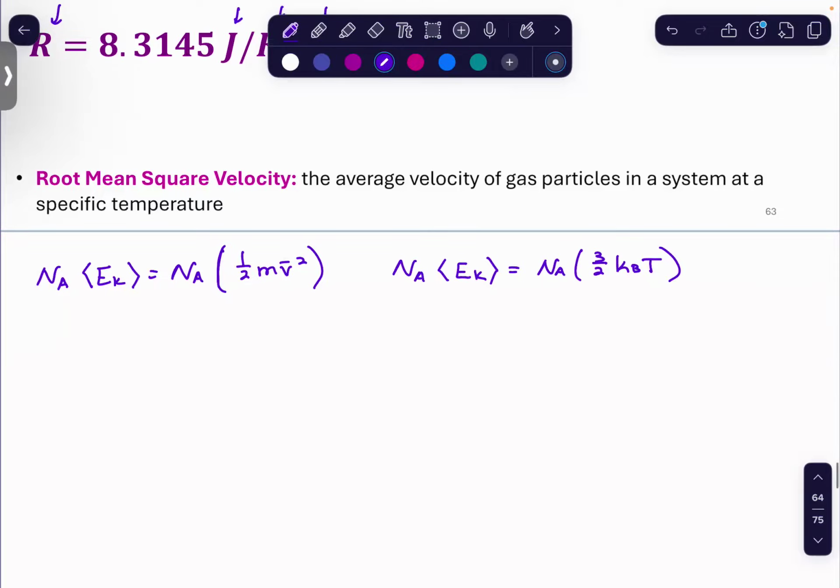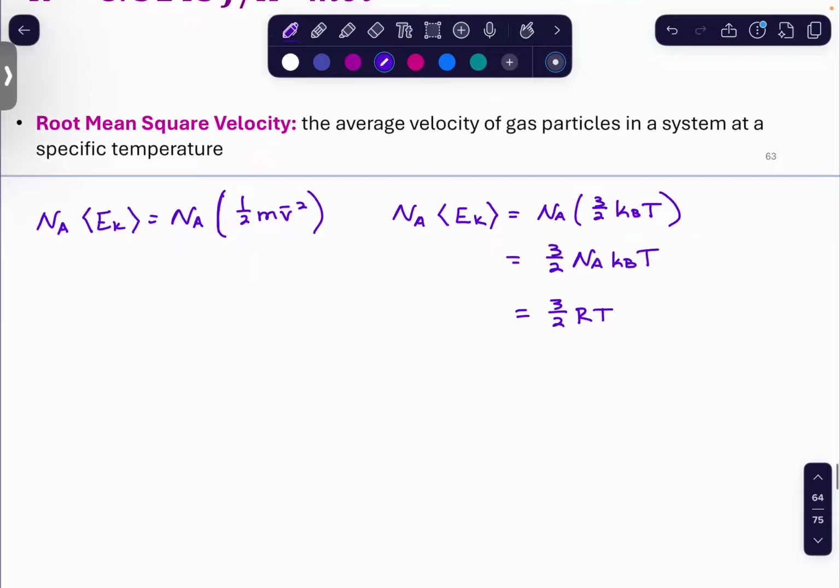Okay. This one is going to become interesting because this is going to become 3/2 NA kB T. And you remember NA kB is R, so this becomes 3/2 RT. So your kinetic energy becomes 3/2 RT when you have a mole of your gas molecules. For a single molecule, you use Boltzmann constant kB.